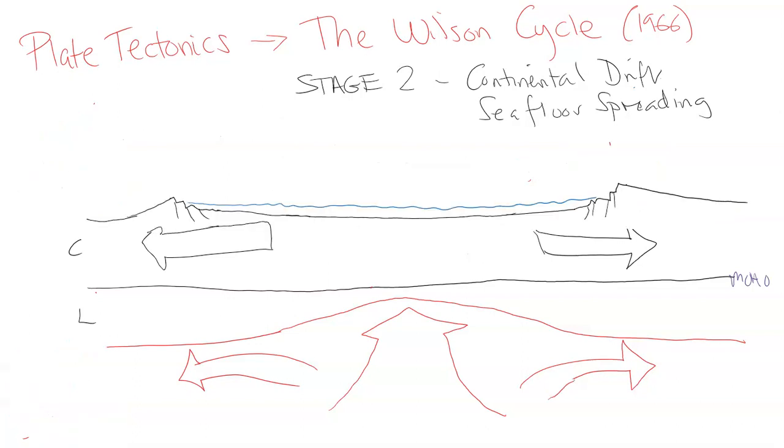So now we fast forward a few million years, perhaps, where we have the rifting and the constant spreading center.